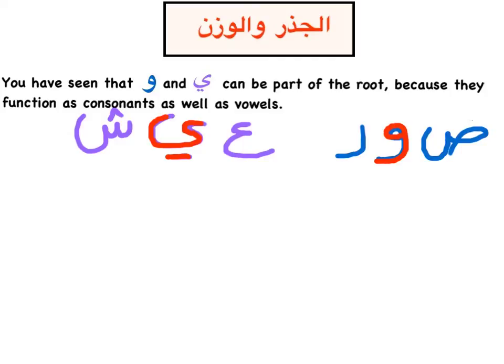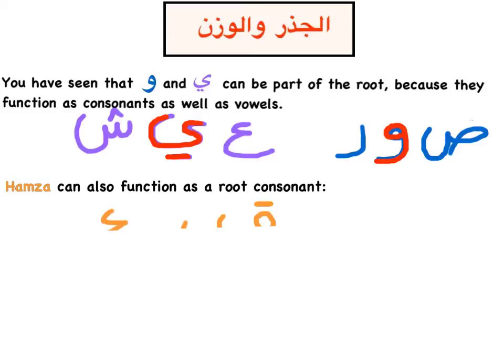Also, hamza can also function as a root consonant. For example, we have قرأ, to read. See, hamza is part of the root, even though we add alif to hold it when we're writing it, but it's an actual part of the root.